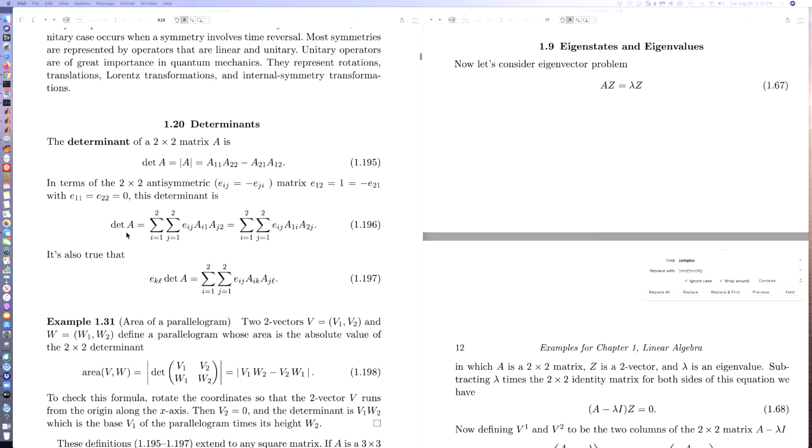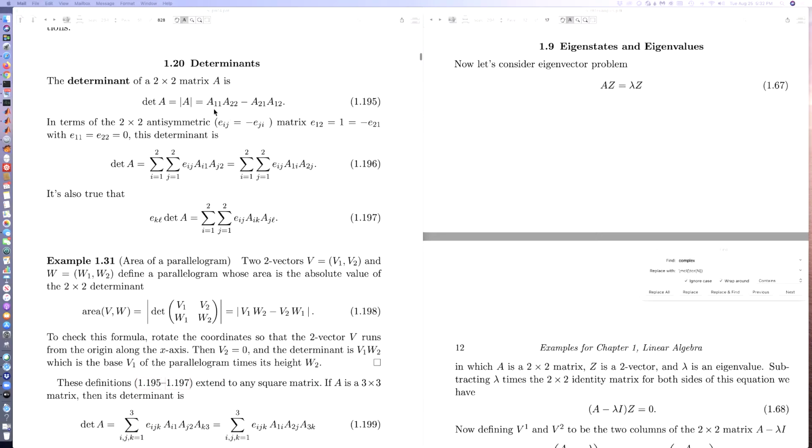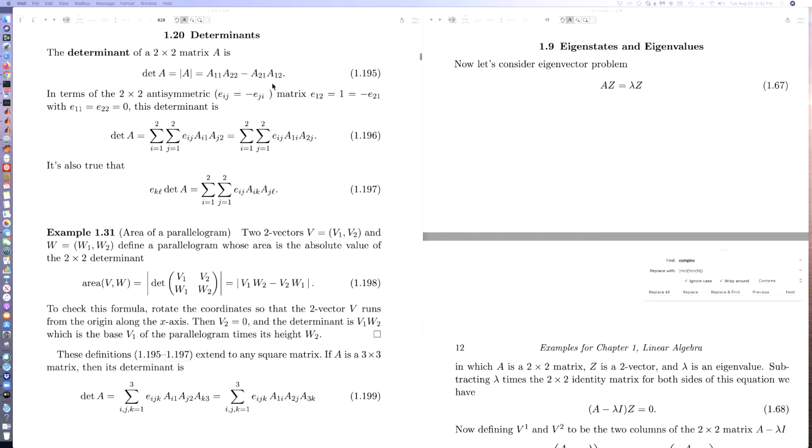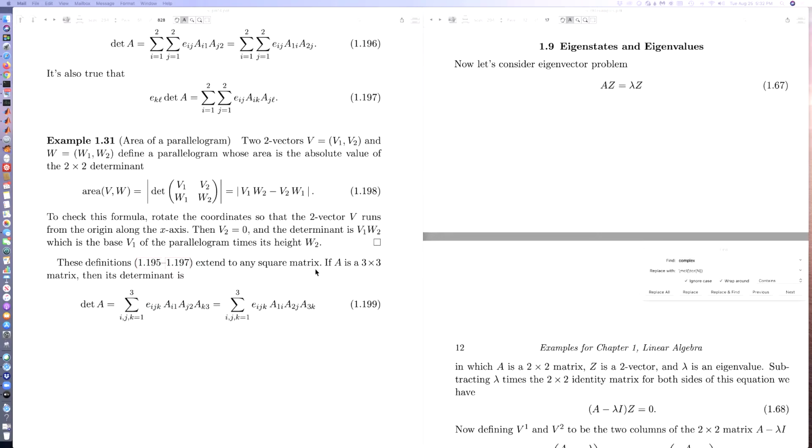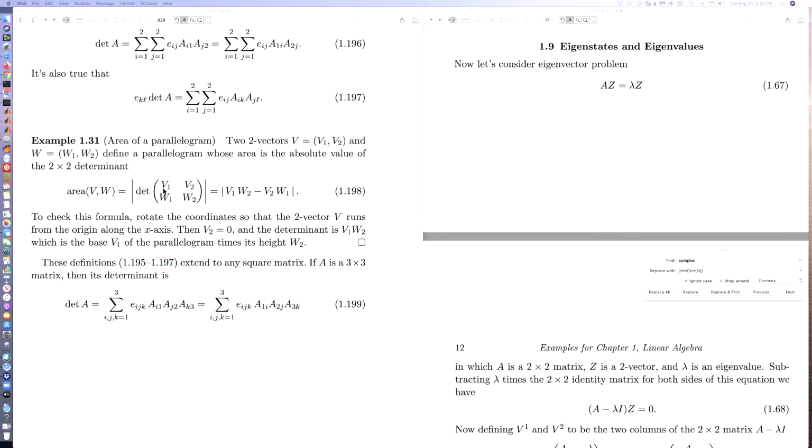Anyway, we were talking last time about determinants, and we know this is the standard formula for a 2x2 determinant. What I think I didn't mention last time was that you have two vectors, V and W, and you take their determinant, you make a matrix out of them. Then the absolute value of the determinant is the area of the parallelogram defined by the two vectors.